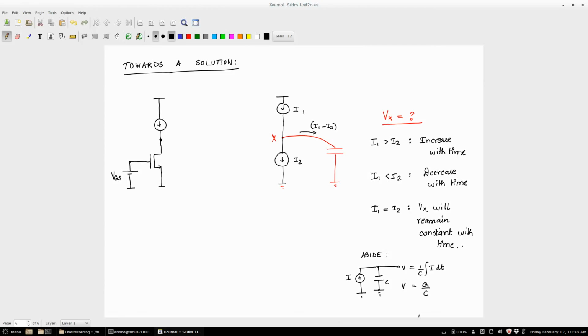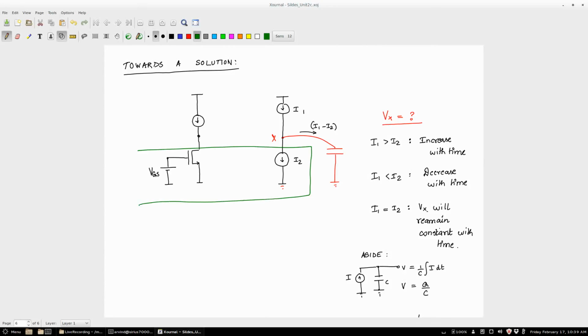This Vx will be constant. Correct? Everyone with me now? Okay.